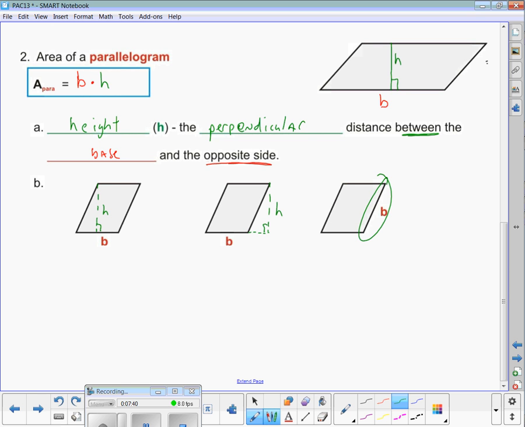So again, remember, you can take your protractor and draw a 90-degree angle there. I think it's going to be about something like that. Does that look like a 90-degree angle? And that would be our height, okay? Because this is our base, this is its opposite side, and the height has to be perpendicular to both, okay? So if ever anything's going to be tricky, it's just that. Other than that, these are pretty simplistic.